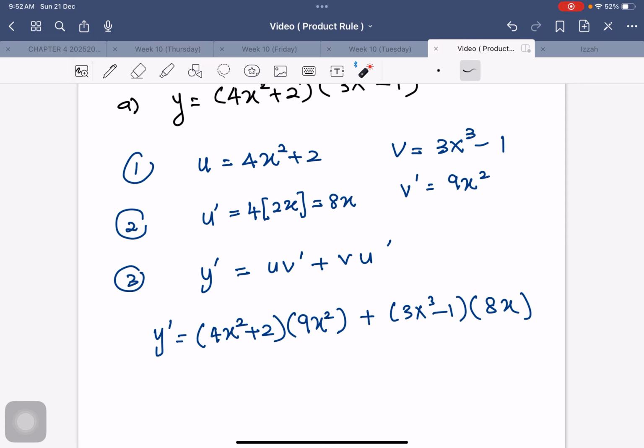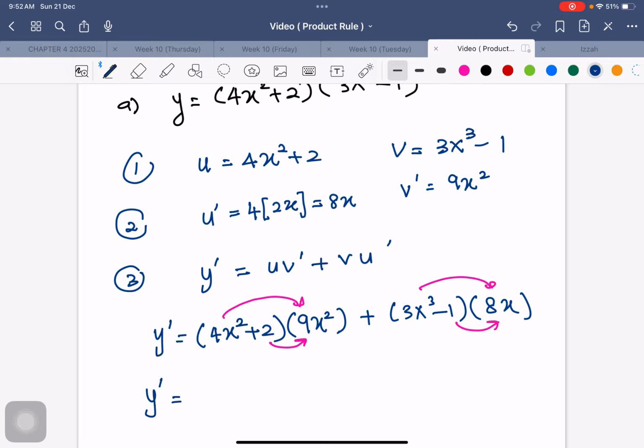Okay, so the next step adalah kita cuba expand and simplify. Okay, so cara nak expand dia adalah, setiap function ni kita kena darabkan dengan 9x squared. So same goes for this one. Okay, so you will get y prime is equals to, so 9 darab 4, 36.